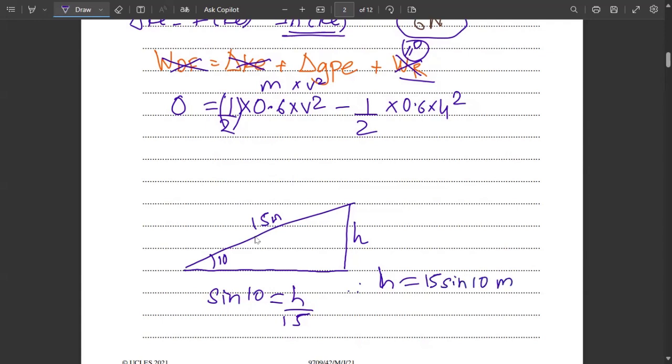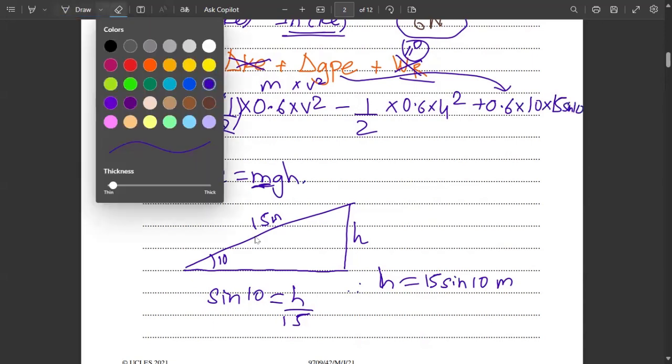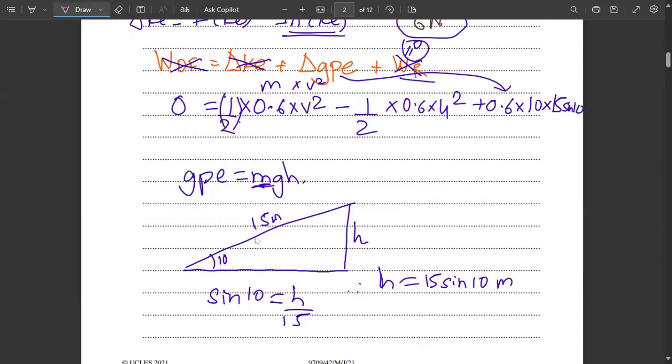And what is the formula for GPE? GPE is mgh. Mass of the object is 0.6, gravity is 10, and height is 15 sin 10. So now we can go ahead and simplify. This will become 0.3, then this will become 0.3.